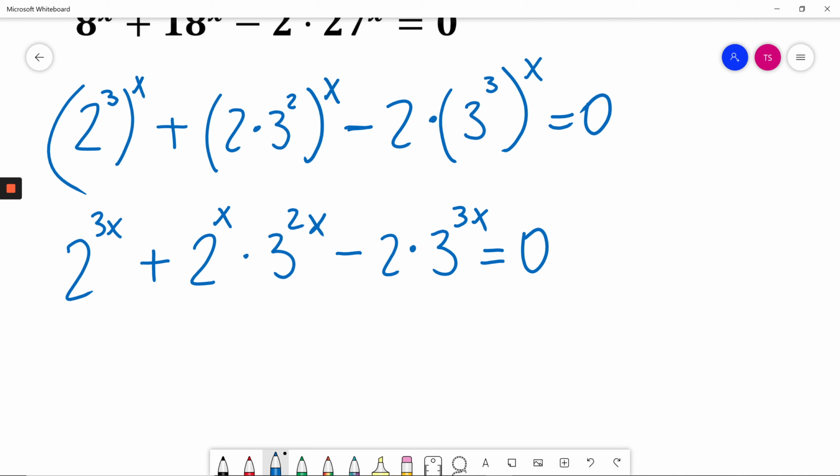At this moment I can divide both sides of the equation by 3 to the power of 3x. I can, for example, solve it this way.